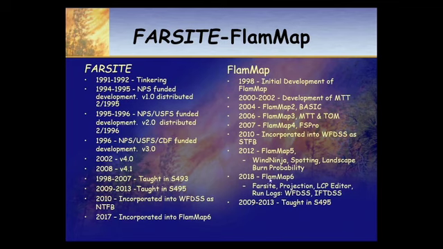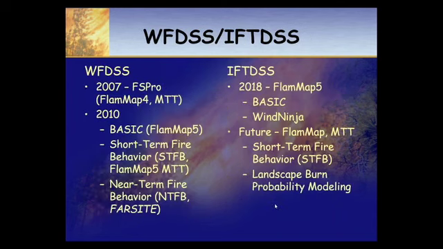FlamMap 6 was released in 2018, and that included Farsight, the ability to do some reprojection on the fly within the application, an editor, and run logs that come out of FlamMap runs that can be used to import into new runs, and then the ability to import information right out of WFDSS and IFTDSS. And it was taught in S-495 from 2009 to 2013.